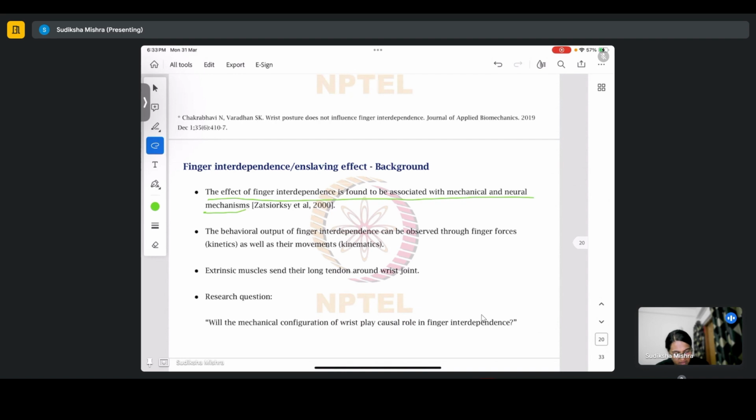There are other studies that have shown that finger interdependence can be studied in two ways, either through studying the finger forces, which is kinetics, or their movements, which is kinematics.